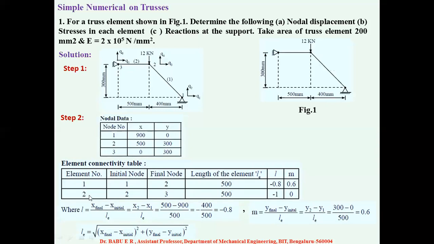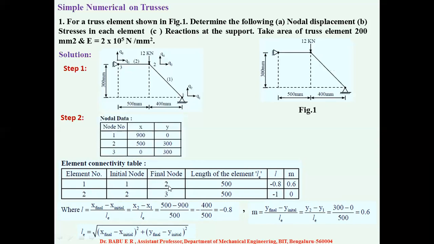After representing element number, you have to choose the initial node and final node. Element 1 consists of two nodes, node 1 and node 2. Among these two, you have to choose which one is the initial node and which one is the final node. In the problem, I will take node 1 as the initial node and node 2 as the final node.